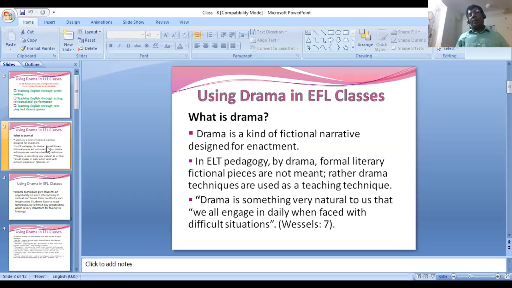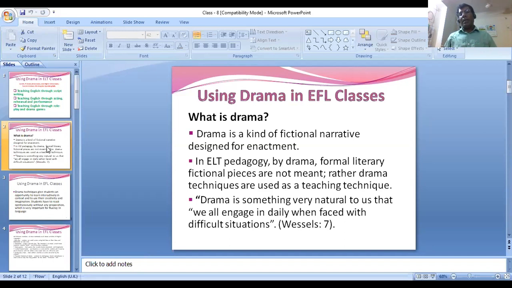We're not exactly meaning the literary dramas, the book drama. Rather, we are actually talking about drama techniques like acting, rehearsal, and performance. Through acting, performance, and rehearsal, we can learn English and we can teach our students the English language.